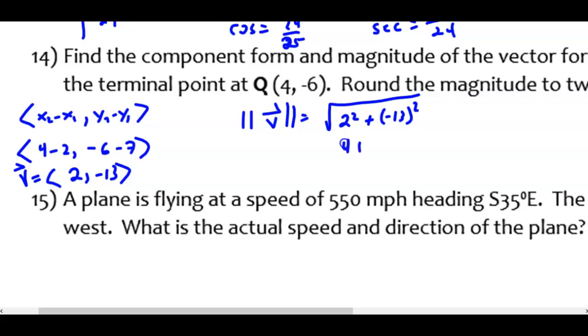So that gives me 4 plus 169, which equals 173, which is approximately 13.15. There's our magnitude right there. So we found the vector, we found the magnitude.